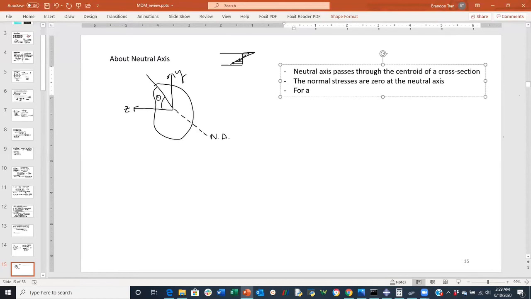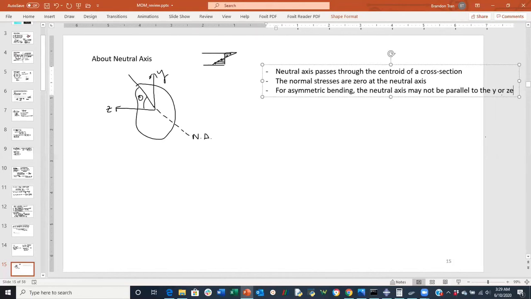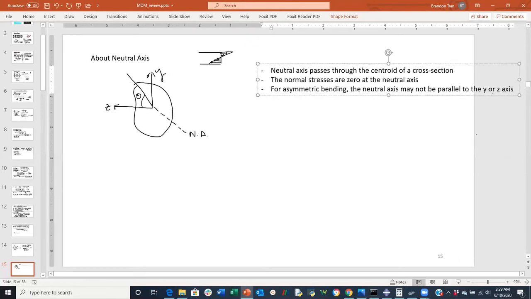For asymmetric bending, so bending that is not completely symmetric, so you have an My and Mz, but they're not necessarily of the same magnitude, the neutral axis may not be parallel to the y or z axis.